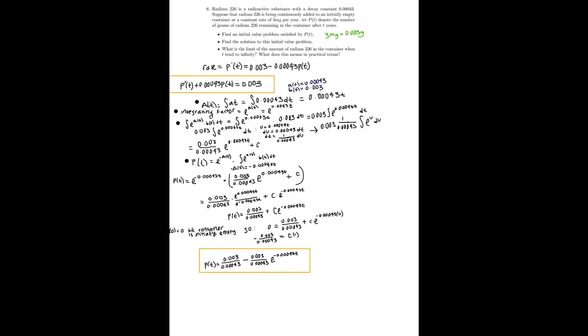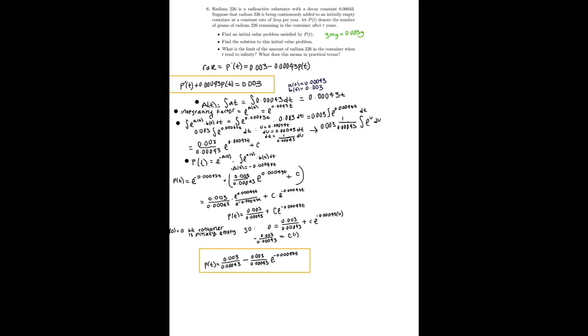We get that 0 is equal to 0.003 over 0.00043 plus c e to the negative 0.00043 times 0, since t is equal to 0. Since it's e to the power of 0, that's just 1. So we get that c is equal to negative 0.003 divided by 0.00043.